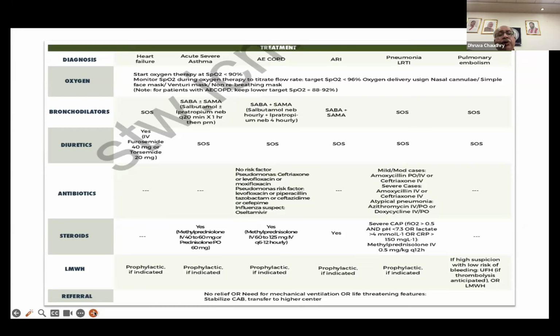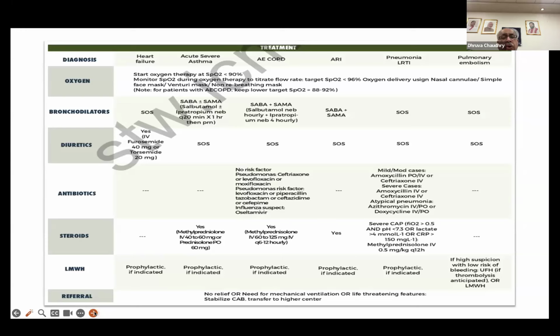In patients of AECOPD, what we need to look at is that quite often when the sputum is purulent, secondary infections are commonly viruses, followed by bacterial infections. In these cases, we need to identify the risk factor for Pseudomonas, because one third of the cases of COPD today we know have bronchiectasis. Larger dilatation is bronchiectasis, smaller is bronchiolectasis.